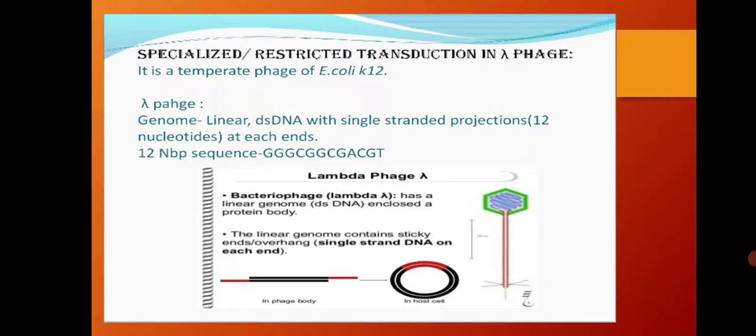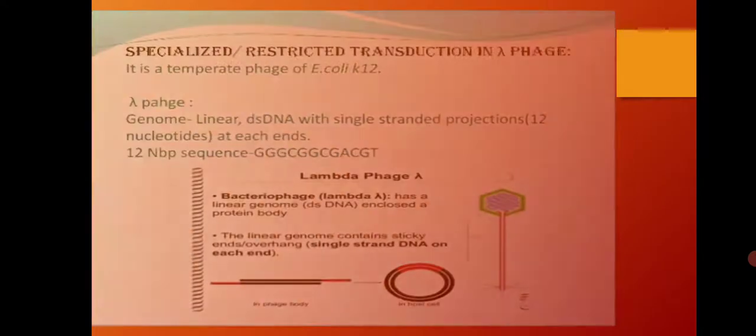If we talk about the lambda phage, its genetic material is linear double-stranded DNA with single-stranded projections, a 12 nucleotide sequence, enclosed in the protein capsid head.